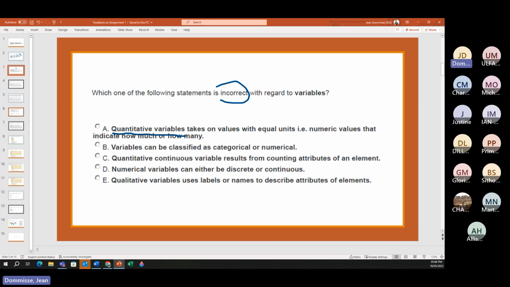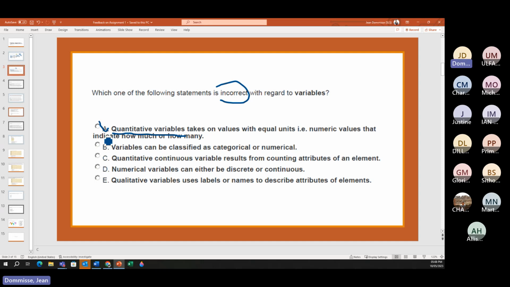Quantitative looks at quantity. So quantity looks definitely at numeric values that indicate how much or how many. So that is definitely correct. So we need to go to the next one. Variables can be classified as categorical or numeric.